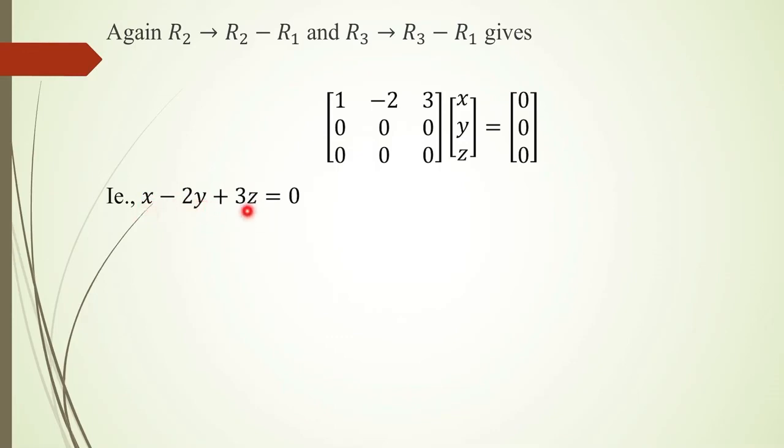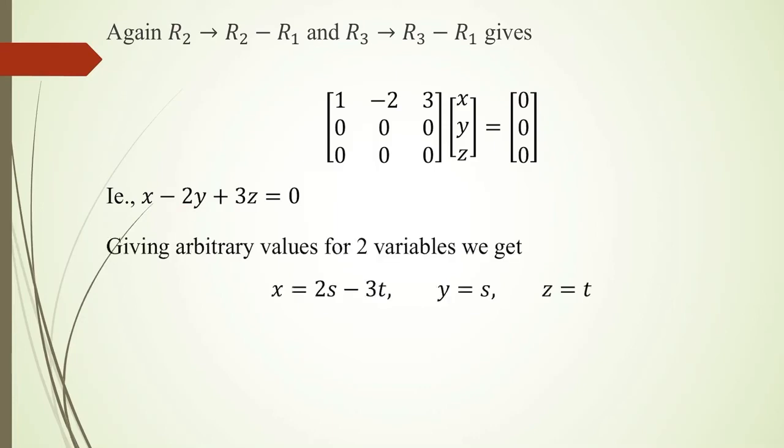So any xyz satisfying this equation will be in the solution space of the given homogeneous system. Okay, so I will give arbitrary values for 2 variables. Say y is equal to s and z is equal to t. Equivalently I will get x is equal to 2s minus 3t. I can give arbitrary values for any 2 variables.